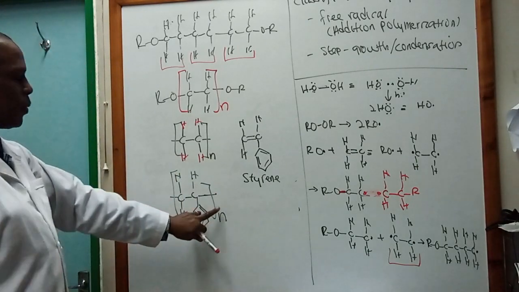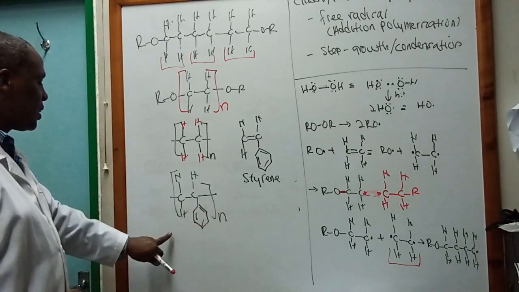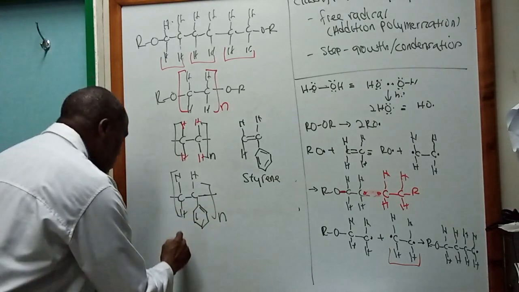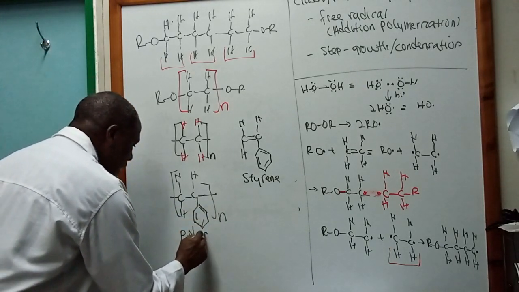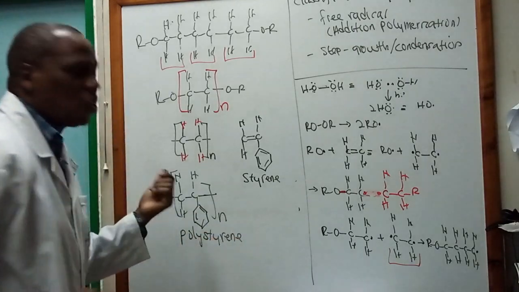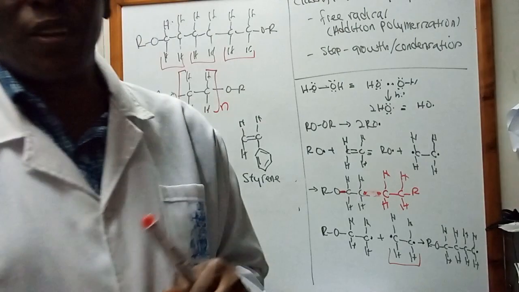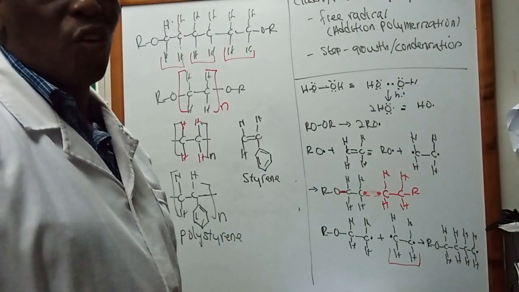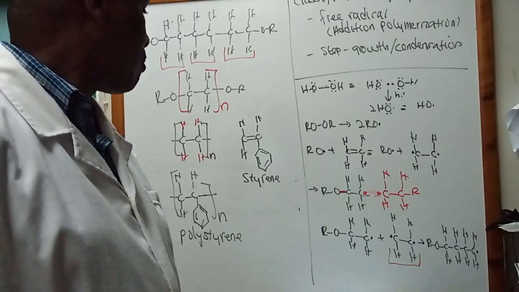So this is going to be called the repeating unit. This general structure is something you're going to be calling poly and then you're going to put the word styrene. You understand?